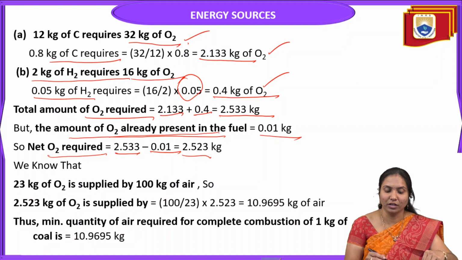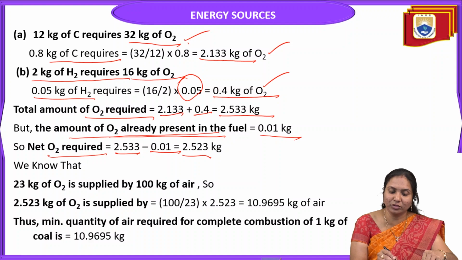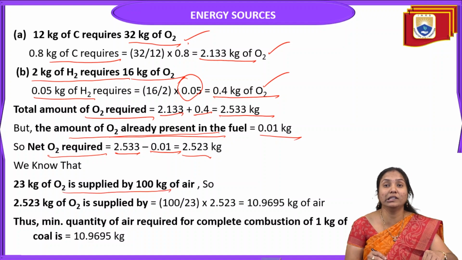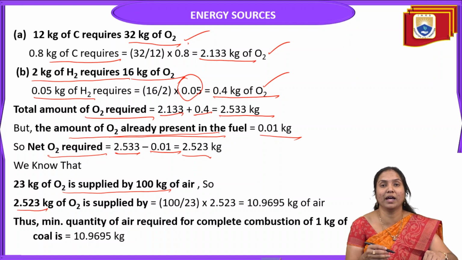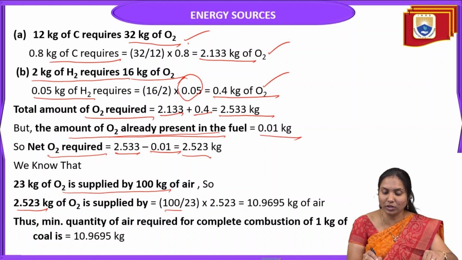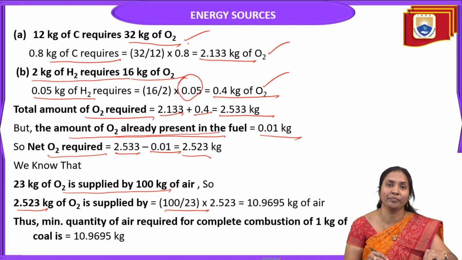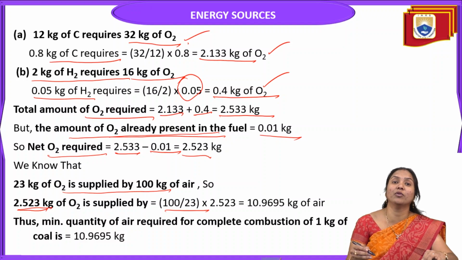We know that 23 kilograms of oxygen is supplied by 100 kg of air. So 2.523 kilograms of oxygen is supplied by 100 by 23, because air contains 23% of oxygen by weight and we are taking 1 kg of fuel by weight. So we write 100 by 23 into 2.523, the net amount of oxygen.